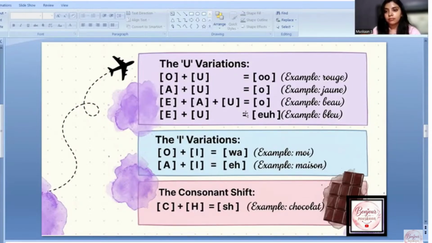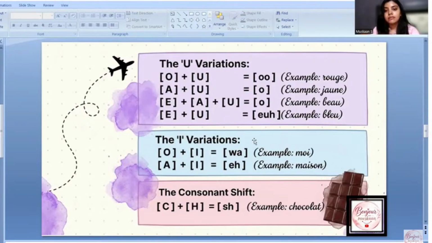Then E plus U. Example, bleu. So the first one is OU, rouge. AU, jaune. EAU, beau. And EU, bleu.